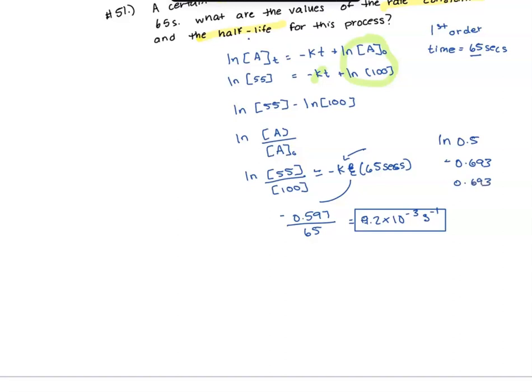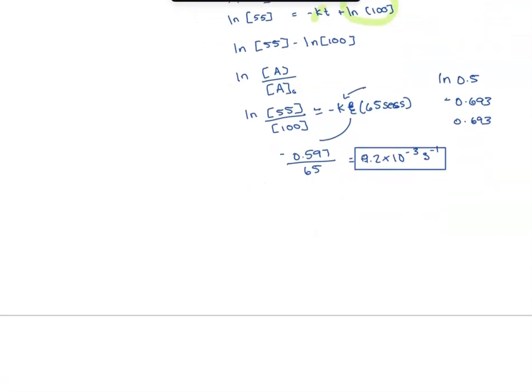So on a first order reaction, if we go through the derivation of the integrated problem, concentration equals initial concentration over 2. This is for a first order reaction.